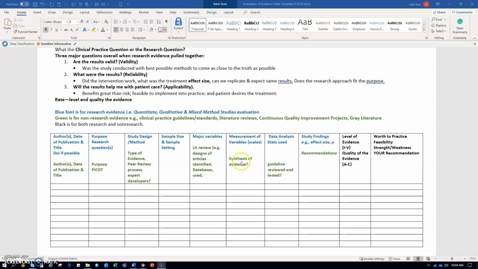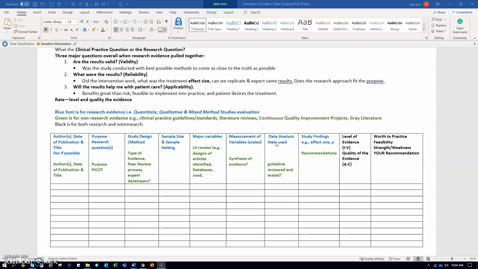Synthesis of evidence. How did they synthesize this evidence? That's important for the non-research information. So data analysis, what were the stats used? Do you need to list them all? It just depends. Probably not. But you really do need to address important ones that were utilized to answer that research or clinical question. Just list the name of the stat, period.